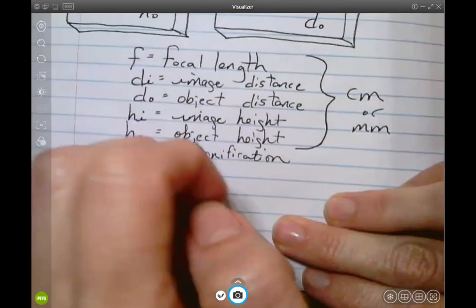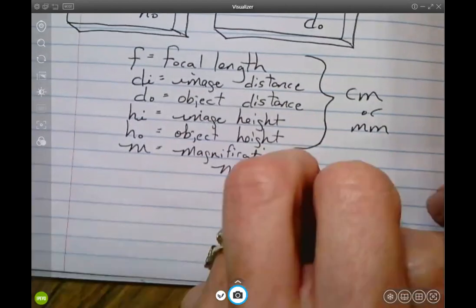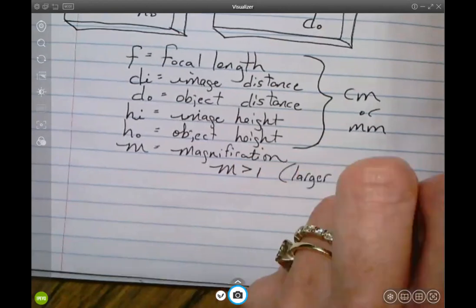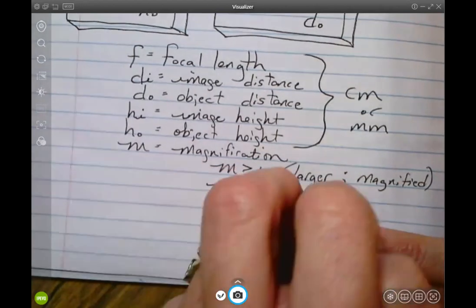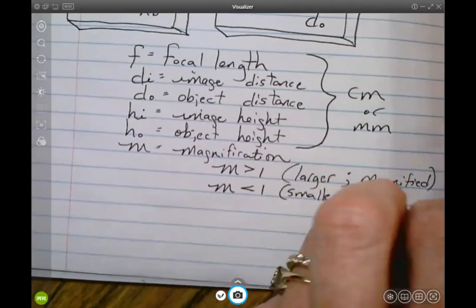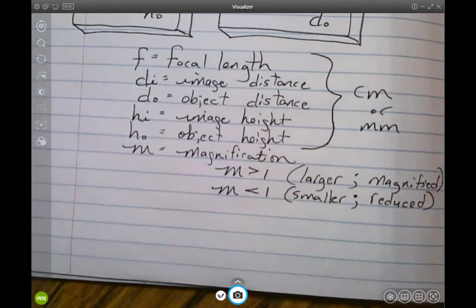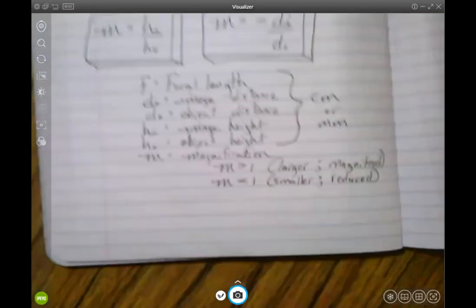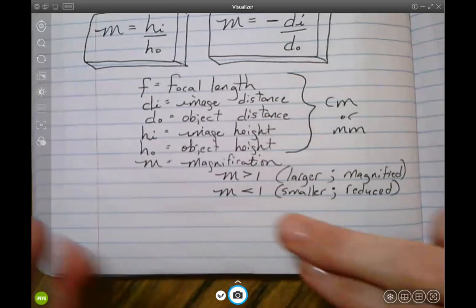If M is greater than 1, it means that the image is larger, or you might see the word magnified. If M is less than 1, then the image is smaller, or you might see the word reduced. A few things to just remember.